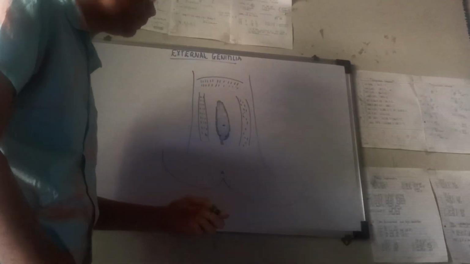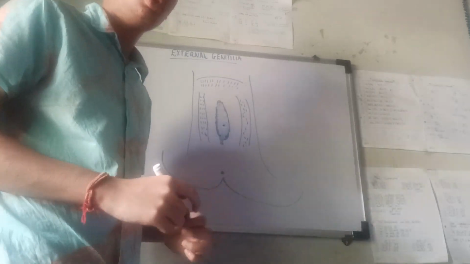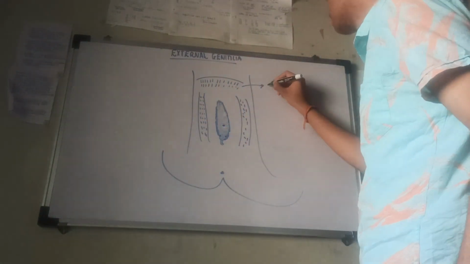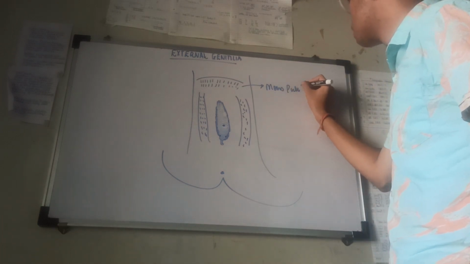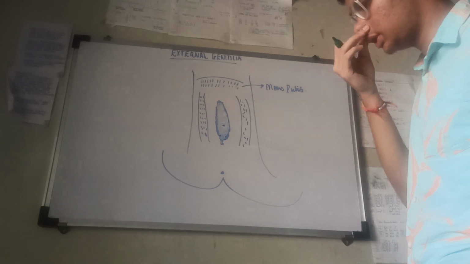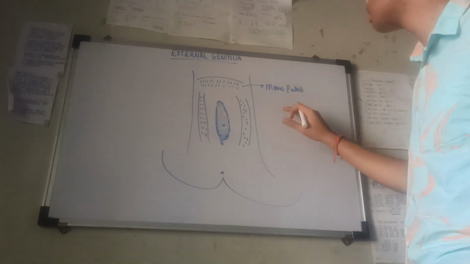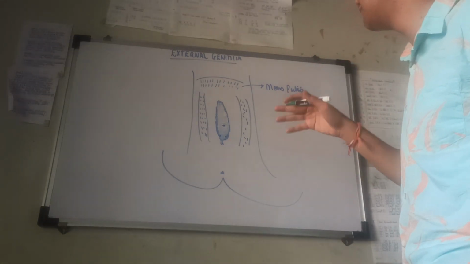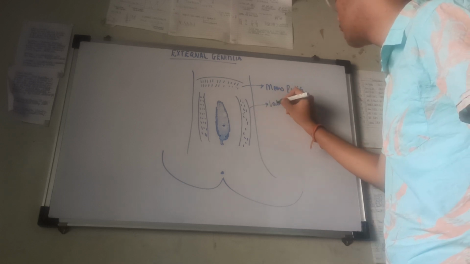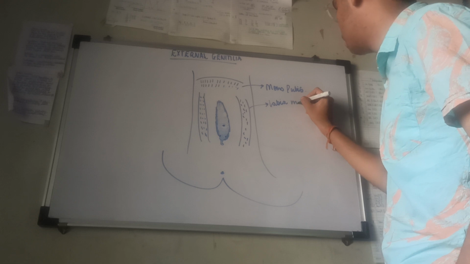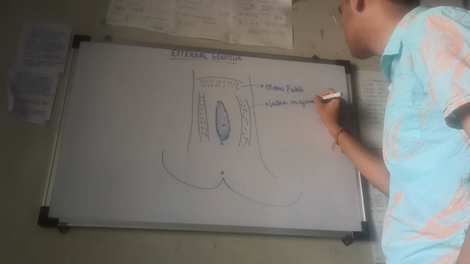Now let's label the parts and I will give you a short description of it. So this is mons pubis. Mons pubis, it is a cushion-like layer containing hairs. It's fatty cushion-like. This is the labia majora, or upper lips, you can say.